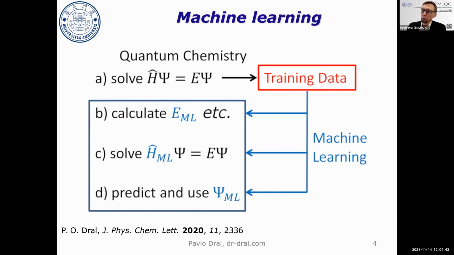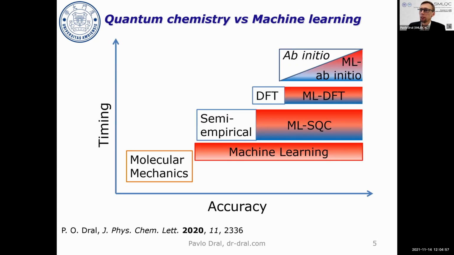And then we can use machine learning for direct prediction of the properties. So these are basically three big areas where machine learning can be used, and it basically covers all applications we saw in this conference and that are in the literature.